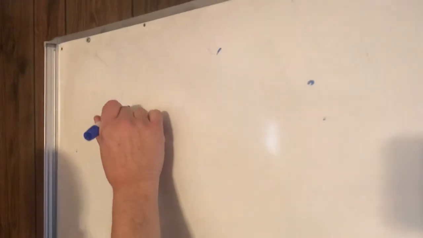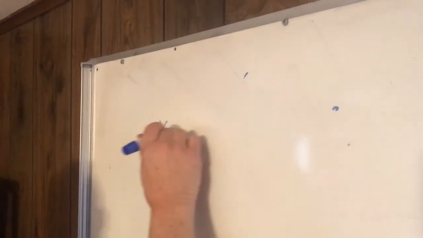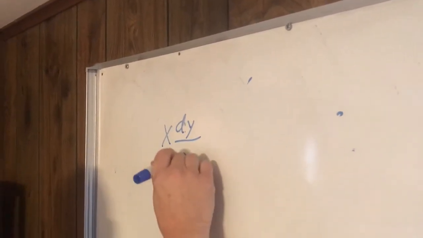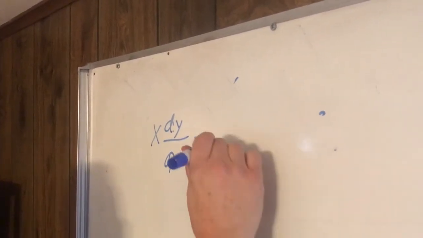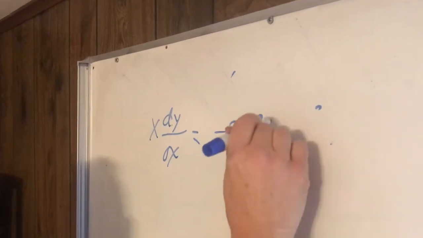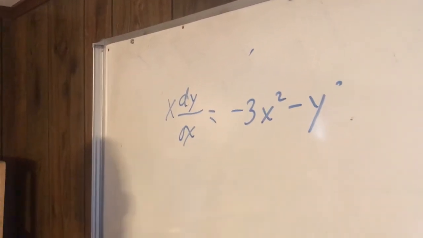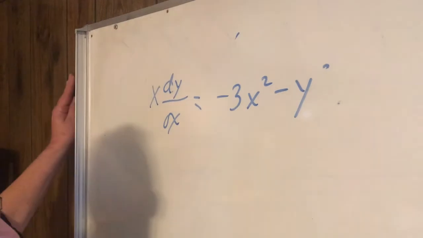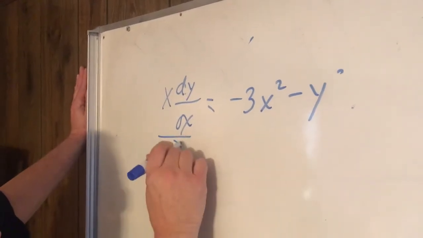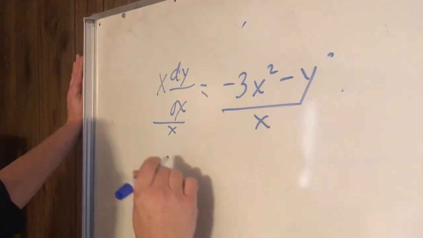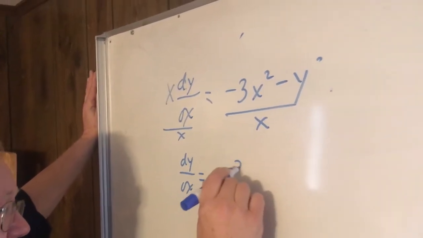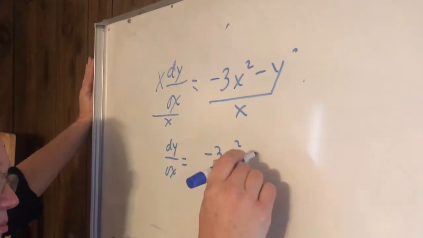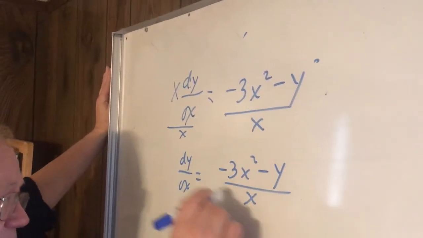So I'm going to get x dy dx, and I bring the others over: minus 3x squared minus y. You should be able to do that now. And I just have to divide by x. So dy dx is minus 3x squared minus y, over x.